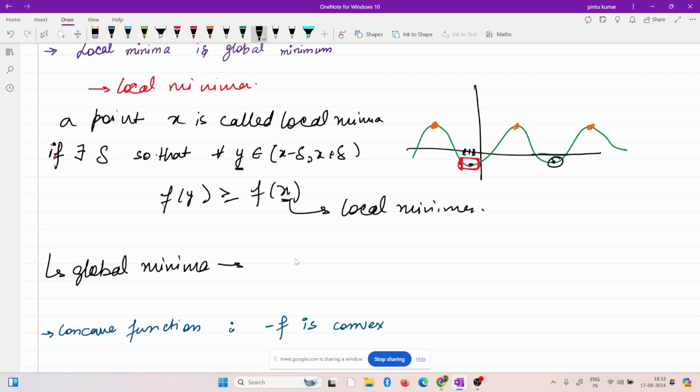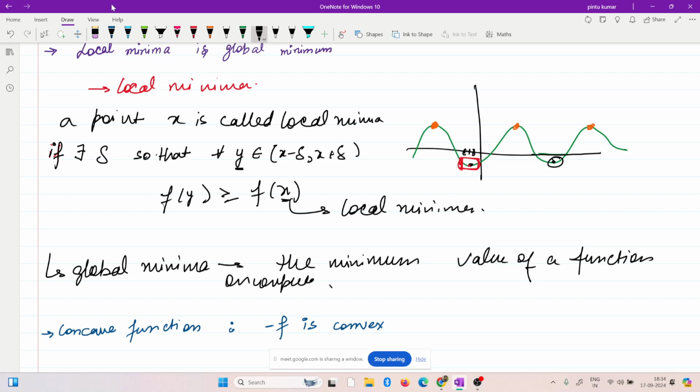Global minima is the minimum value of a function on the complete domain. So I can just modify this picture. I didn't want to erase the complete picture.